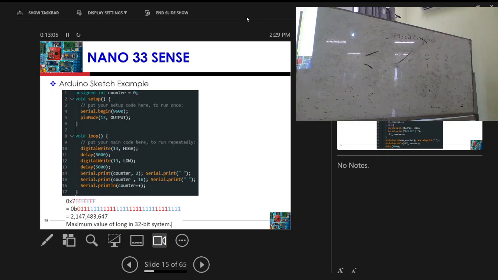Or can it just count forever up to infinity? So we are counting 0, 1, 2, 3, 4. When will it stop? 15. So if you count 0, 1, 2, 3, 4, 5, up to 15, then it overflows and starts again.